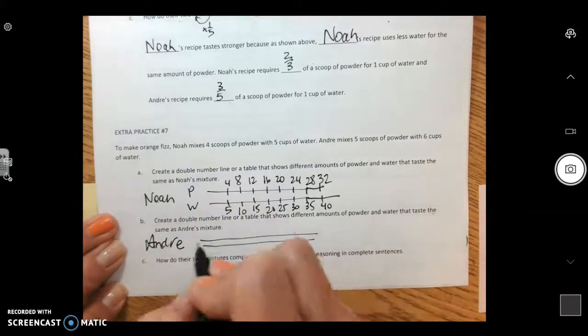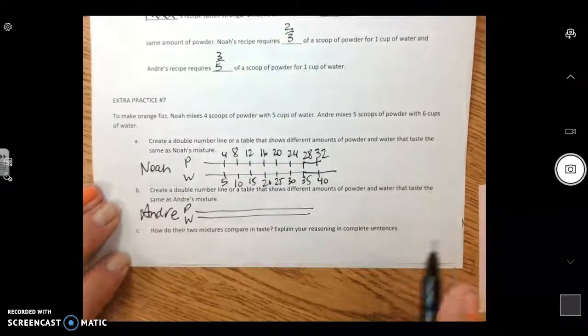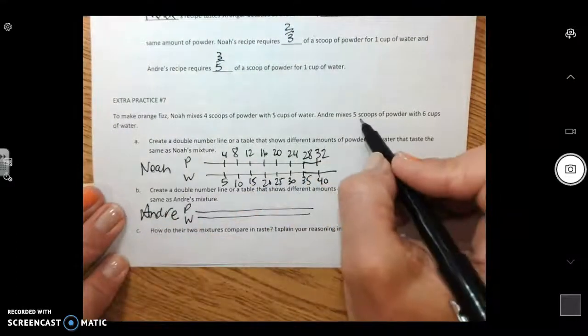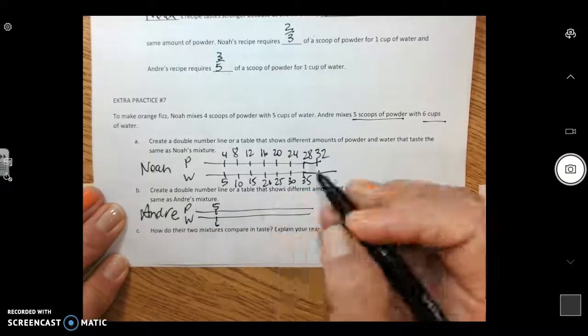And here we're going to make a double number line with Andre. And Andre, he uses powder and water. It's very important to label. His is 5 scoops of powder and 6 cups of water, so 5 to 6.